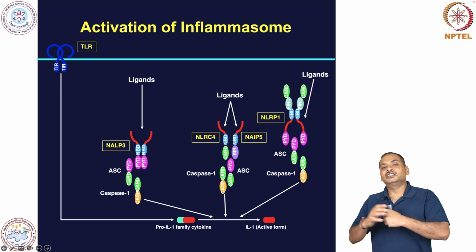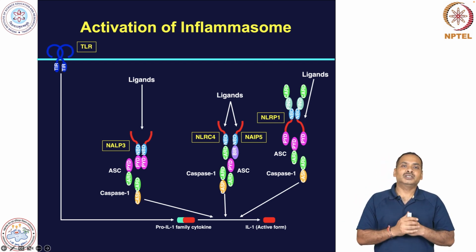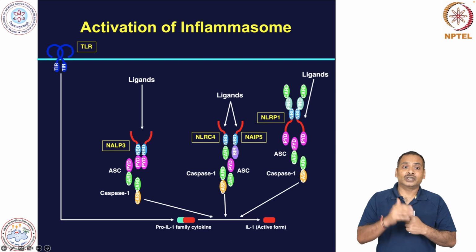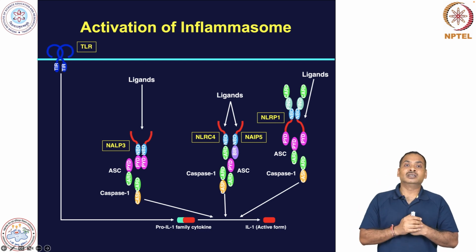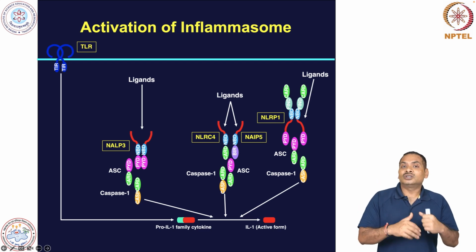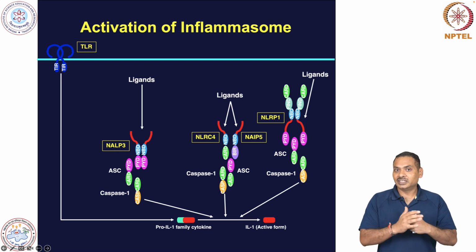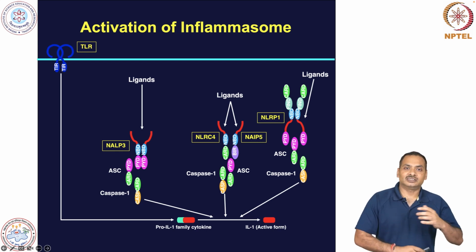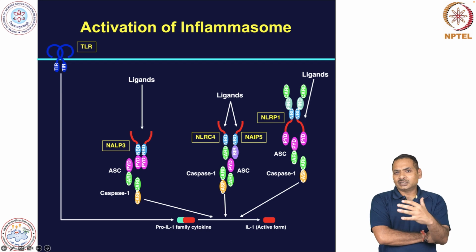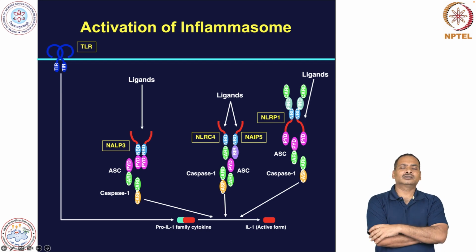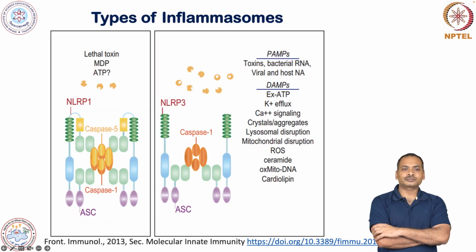Then there will be generation of active IL-1 family cytokine, which is secretory in nature. Before cleavage it is not secretory; once it is cleaved, it will be secreted. So this is the basic concept of the inflammasome.